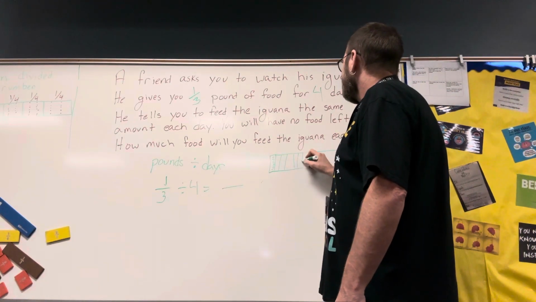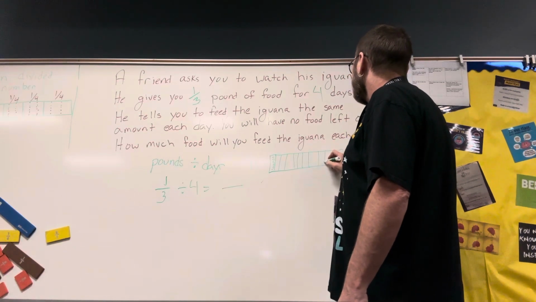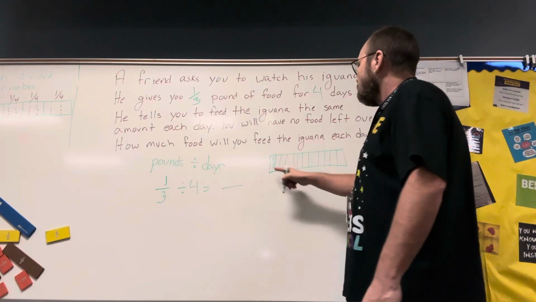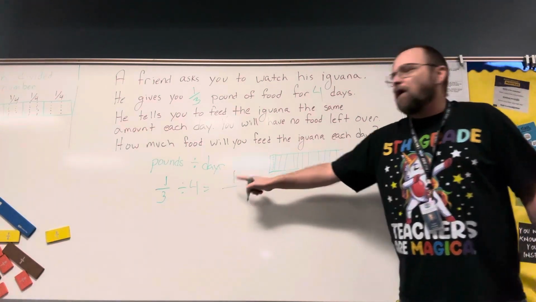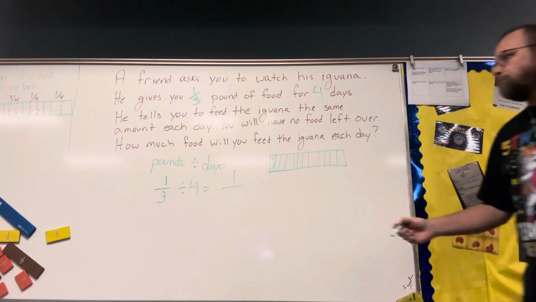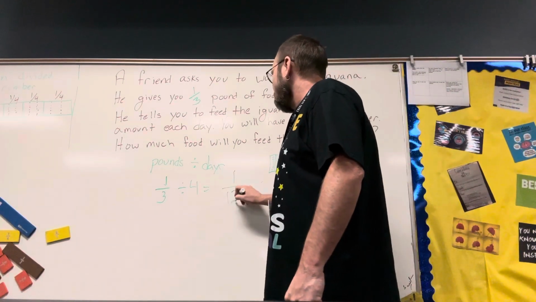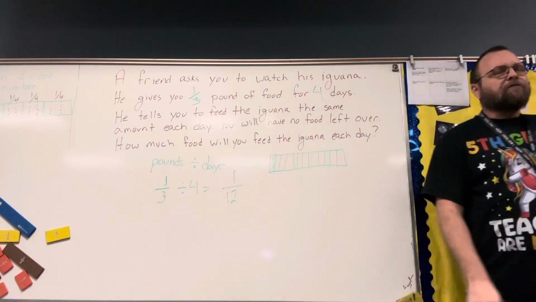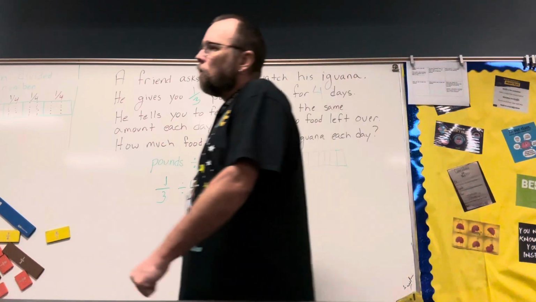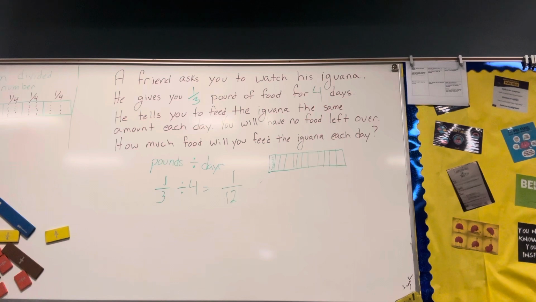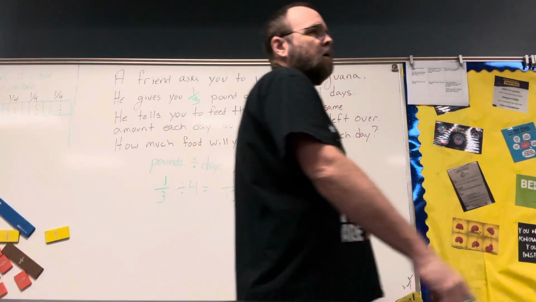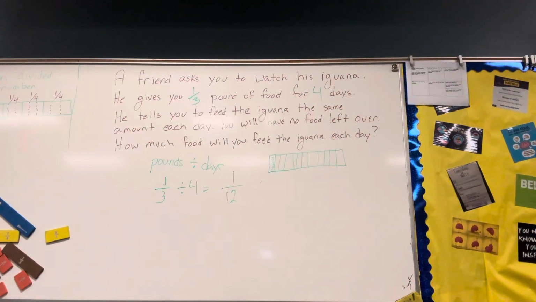So 1, 2, 3, 4. 1, 2, 3, 4. So this part right here is 1 out of how many pieces? 12. 1 out of 12 pieces. So 1/3 divided by 4 is 1/12. So they'll feed the iguana 1/12 of a pound of food each day.